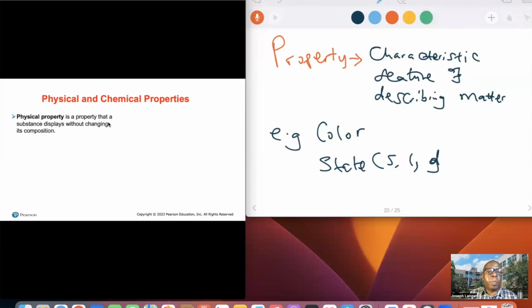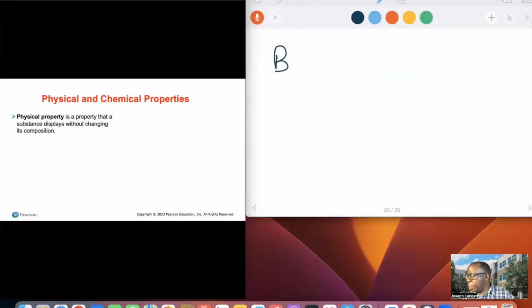A physical property is a property that a substance displays without changing its composition, something you can measure. For example, boiling point, melting point. We can measure this without changing the chemical makeup. For example, water boils at 100 degrees Celsius. It does not mean that when it starts changing its state from liquid to gas, we have altered it. No, we can measure it. We can measure the temperature of a substance, but that does not mean we are changing its composition.